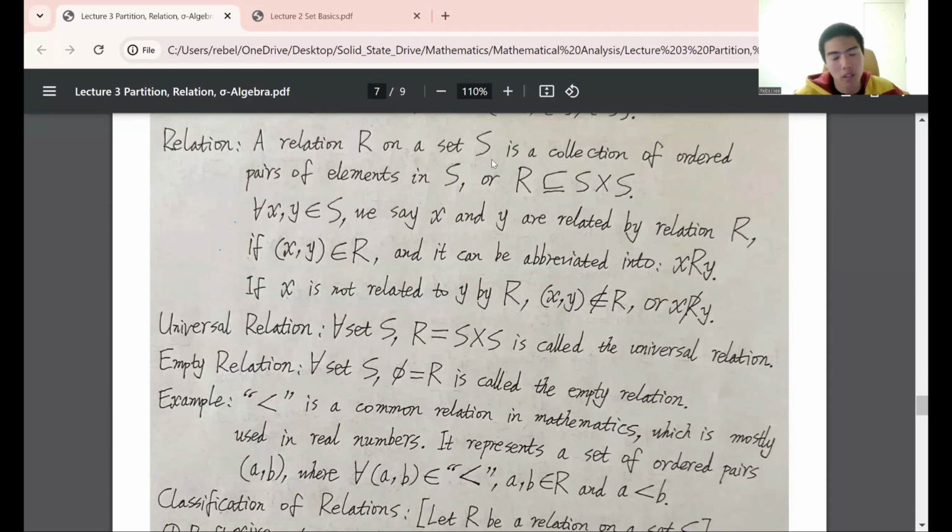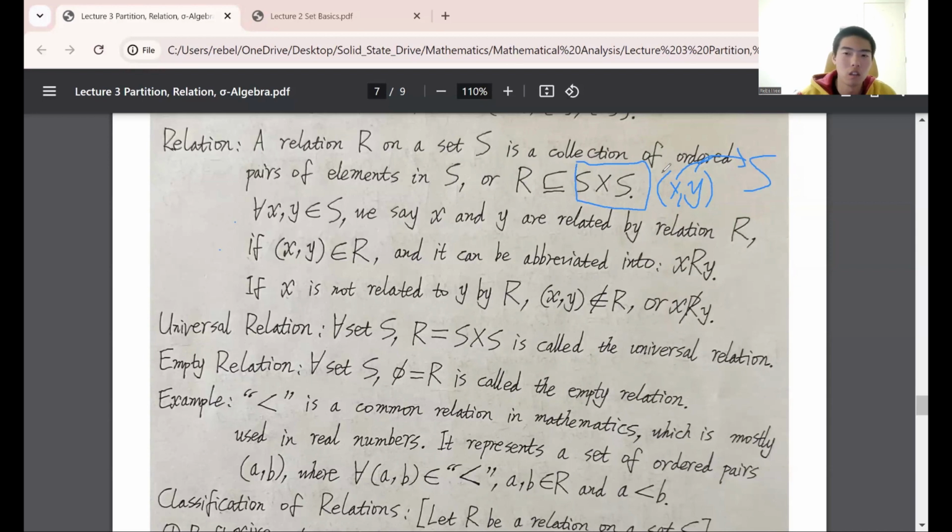A relation on the set S is always defined on the set S. By its name, it's a relationship of the elements inside a set S. So we first form a Cartesian product of S with S, where each element is (x, y) with x and y belonging to set S, which is very easy to understand. And R is a subset of it. So we just analyze whether (x, y) is in R or not in R.